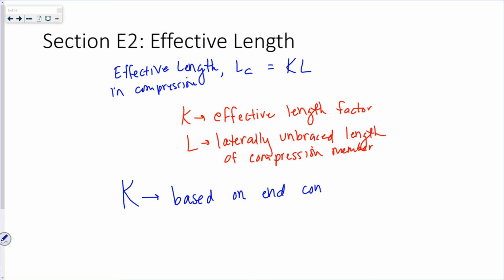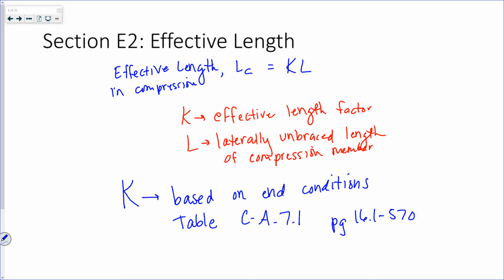And this is where you're going to want to put a tab. I didn't talk about it previously because you wouldn't have known what I was talking about. But we're going to go to a table back in the commentary, Table C-A-7.1. It is on page 16.1-570. So flip to your manual right now and go look at it.